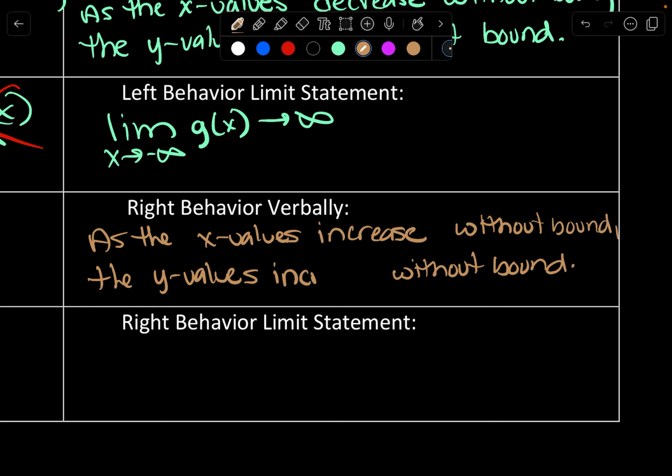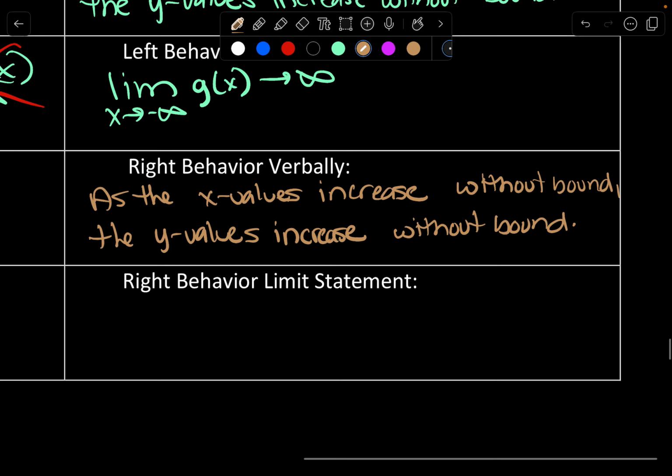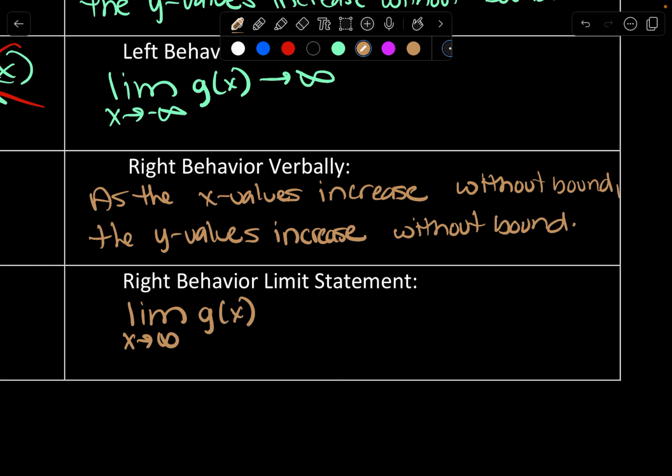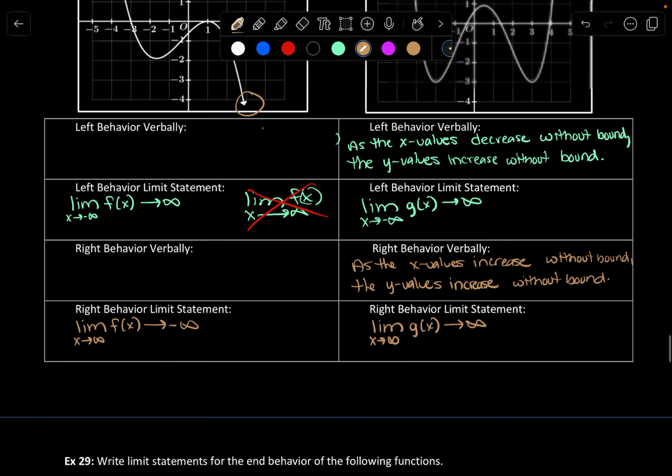In the other graph, they were decreasing. In this one, they are increasing. So for the limit statement, the limit as x approaches positive infinity for g of x, the y values are approaching positive infinity.